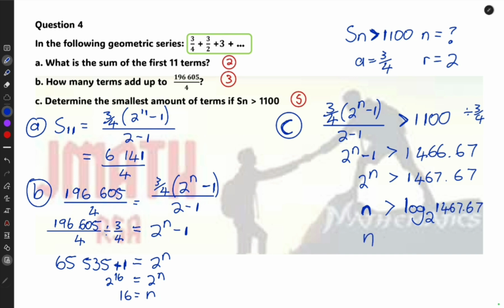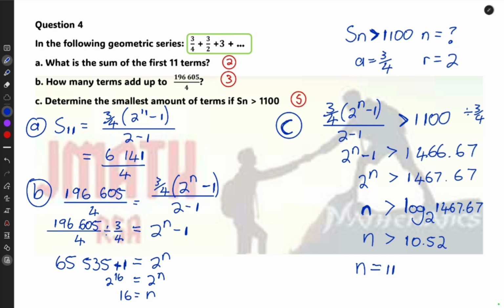And then if I type that in my calculator, it will tell me n must be greater than 10.52, and therefore n must be equal to 11. Question was, determine the smallest amount of terms that would make Sn greater than 1,100. 11 terms are the smallest amount I can add to get a number bigger than 1,100.